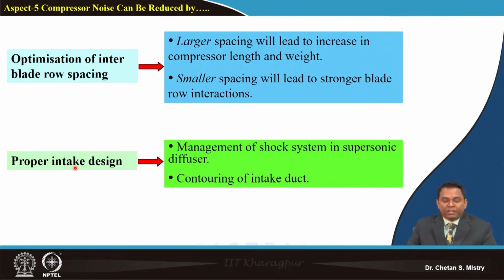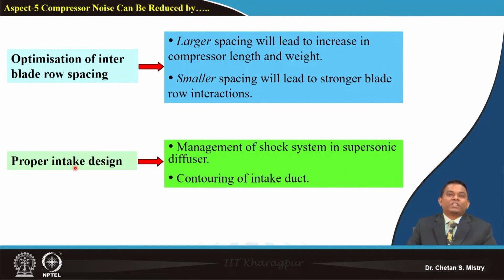Now proper intake design: the shock structure we get in a supersonic diffuser needs to be managed properly. Otherwise that may give very high noise, and this does not come in the area of the compressor designer or engine designer.